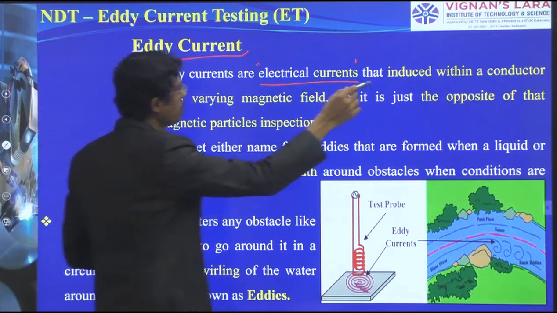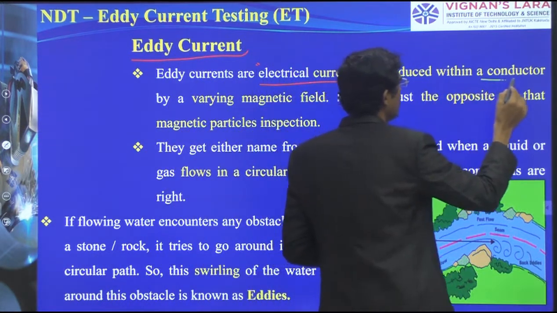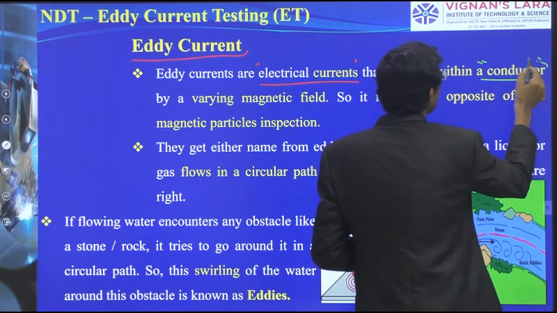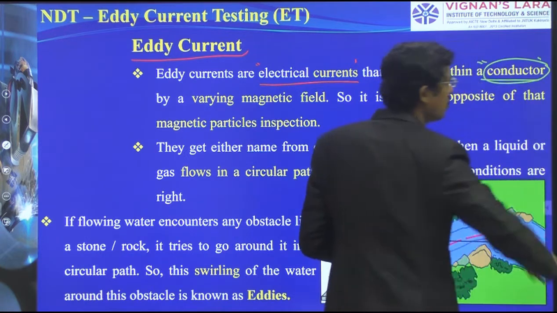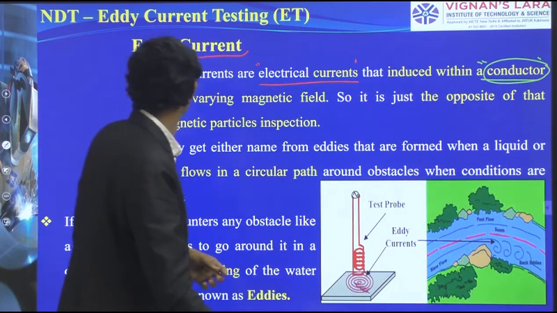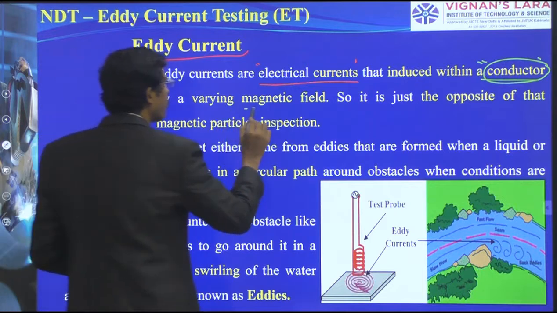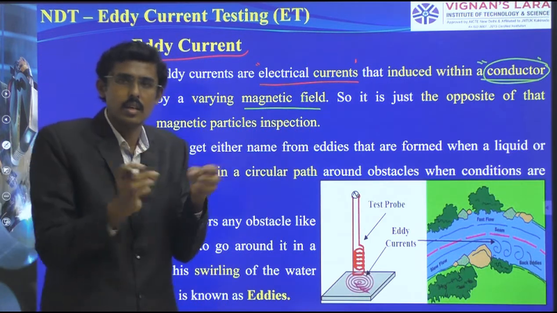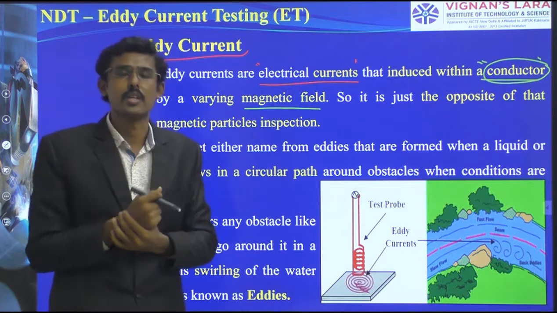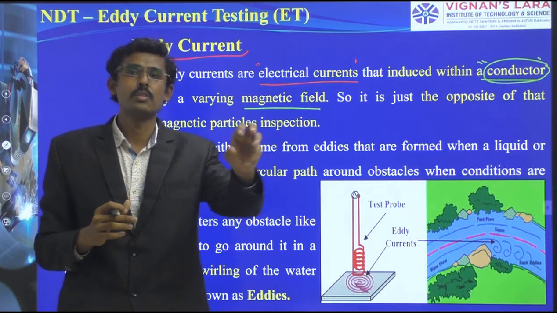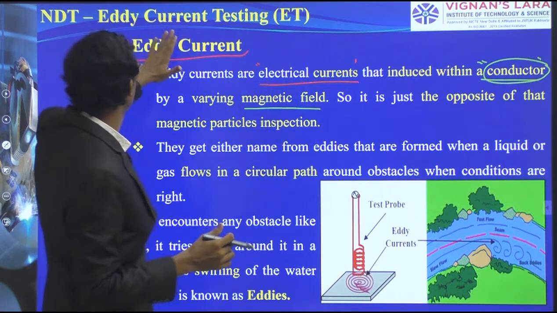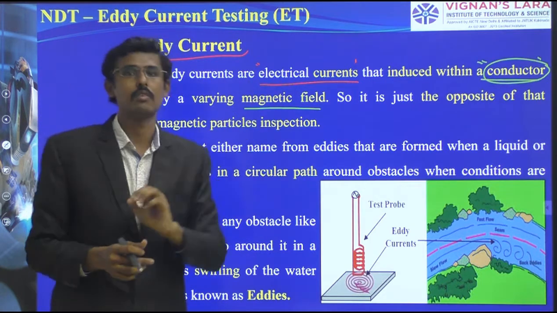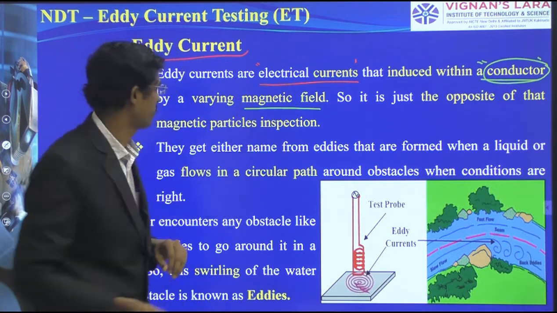It means we should use conductor materials only, not wood or plastics. By varying a magnetic field, when current is passed, it generates an EMF and magnetic field. We use that principle to generate the eddy current and again the eddy magnetic field, and with respect to that, we are going to find defects.